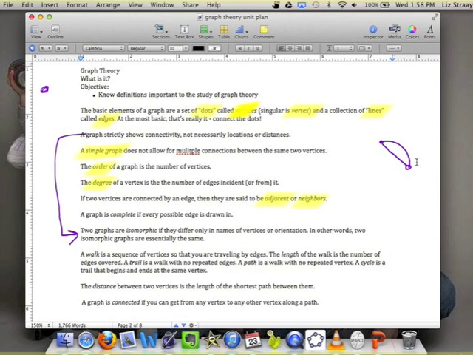Adjacent is just a fancy word that means next to. Like I could say my class is adjacent to Mr. Bell's class. Just means next to. So 2 points that are connected are adjacent points or neighbors. A graph is complete if every edge you could possibly draw is drawn. So every point is connected to every point.